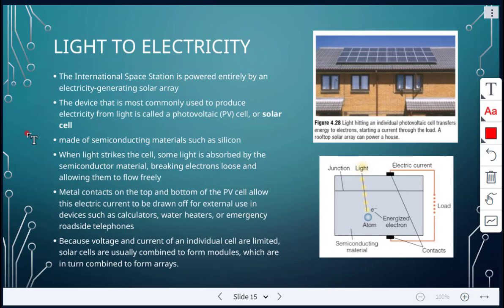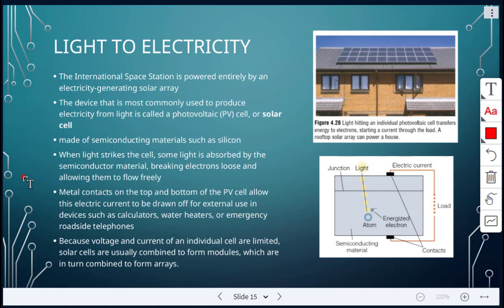When light strikes the cell, some of the light gets absorbed by the semiconductor material, and electrons break loose and start flowing freely. There are metal contacts on the top and bottom of the PV cell that allow the electric current to be drawn off for external use. You can use them in devices like calculators, water heaters, and emergency roadside telephones.